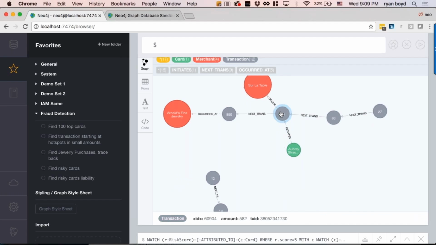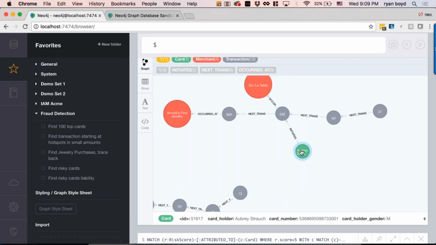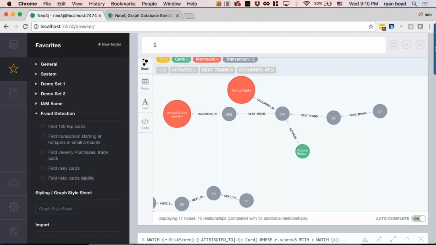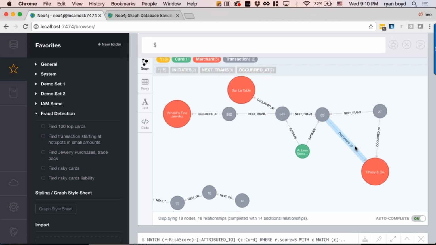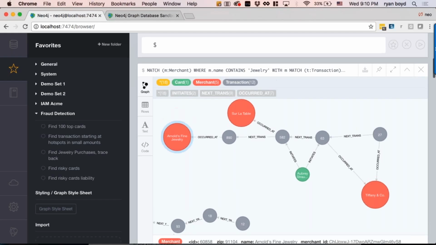And we can see that before going to the jewelry store, they actually purchased at Sur La Table. Maybe they purchased some kitchen equipment. And before that, one of their less valued purchases were actually both at Tiffany & Company. So they got some jewelry, they got some kitchen equipment, and then they went for their big jewelry purchase at what looks like probably a local jewelry store. So that is kind of seeing how you can trace up to these transactions.